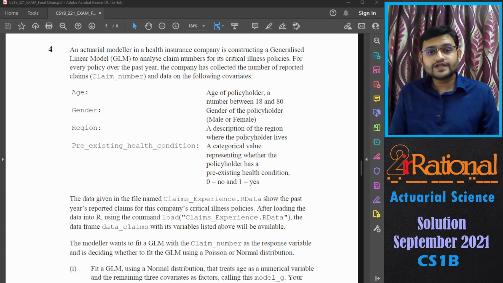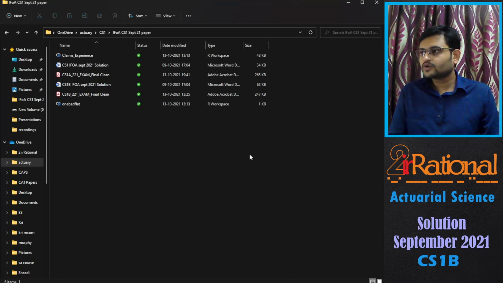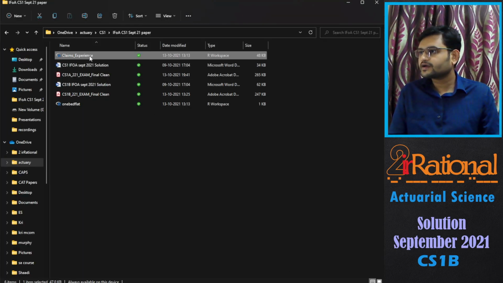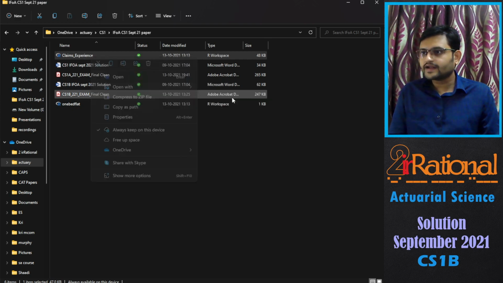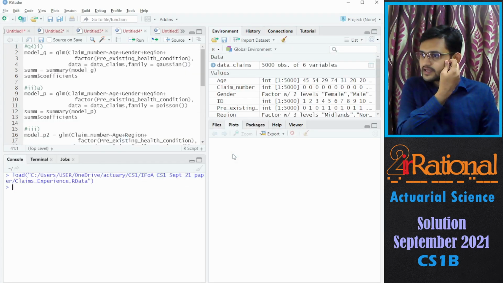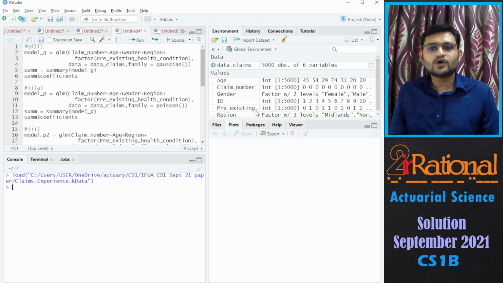You don't actually need to use that load command. You can just go to the file, right click, open with, and directly RStudio and click yes, and here you will have all your data. Okay, data_claims, 5000 observations, 6 variables, everything we have available here.